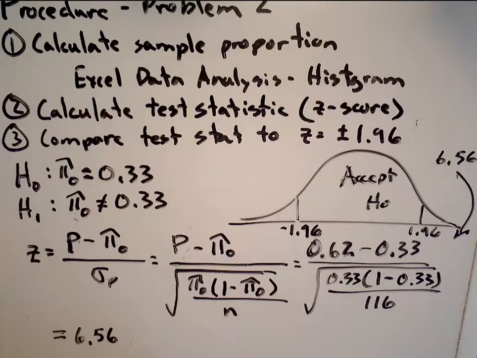I'll give you a hint. There is one parameter where Springdale was not the best. I believe there's going to be one parameter that you look at where you are going to accept H0. All right, I hope that helps.